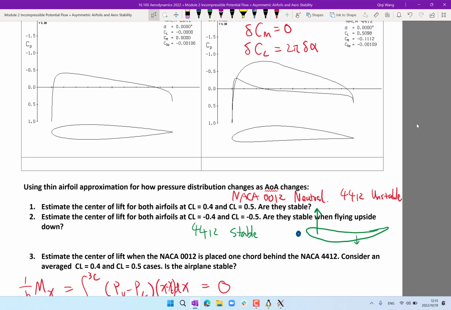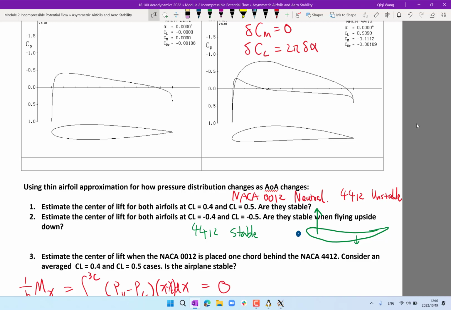Okay, so to get an average lift coefficient of 0.4, what do we need? We need to increase the angle of attack, right? Okay, as we increase the angle of attack, how does the lift of both airfoils change?